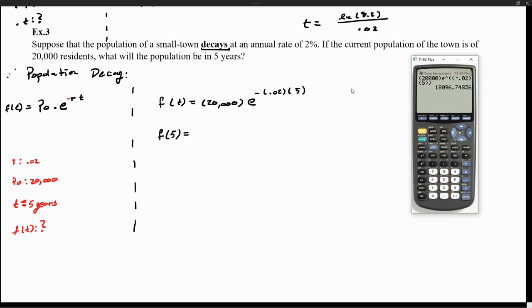So this is saying that now we have approximately 18,096.75. So after 5 years, we have approximately 18,096 residents.